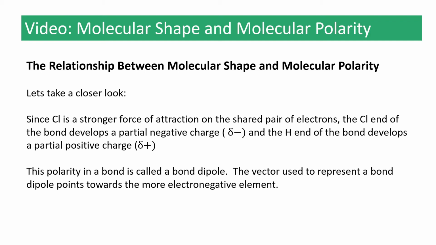The vector used to represent a bond dipole points towards the more electronegative element. So here we have the H, which is slightly positive, Cl slightly negative, and we have HCl with the arrow showing the polarity toward the more electronegative element.